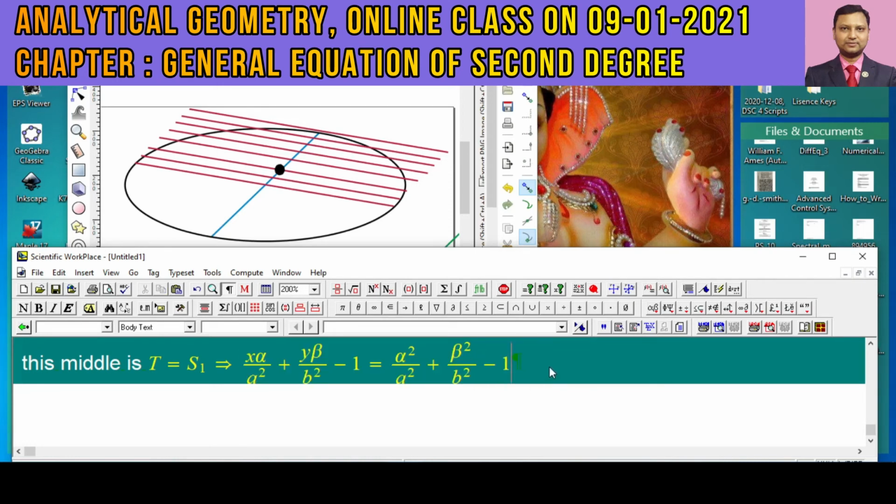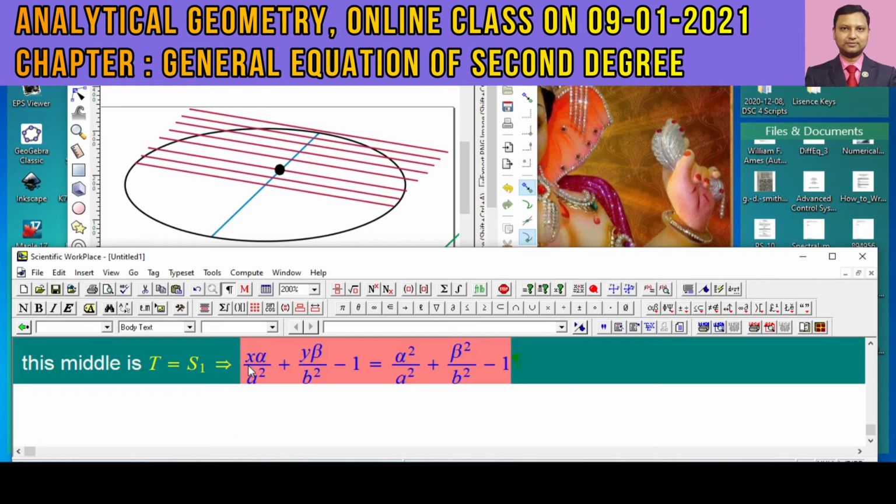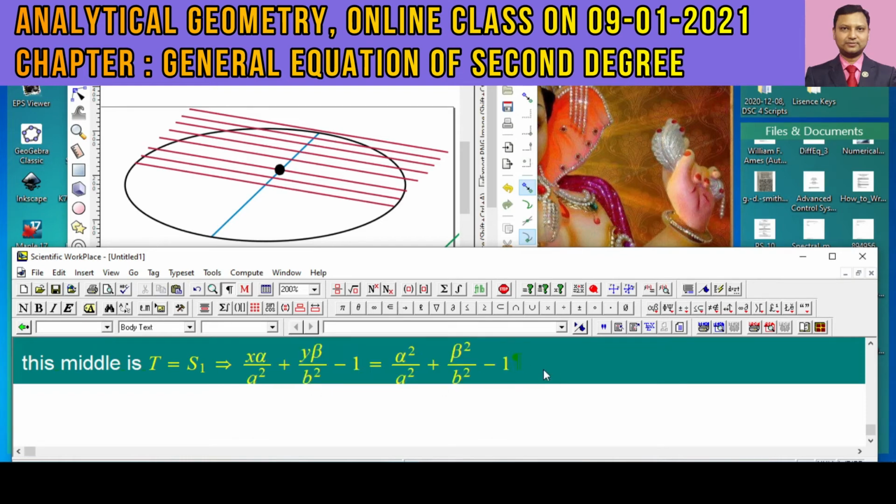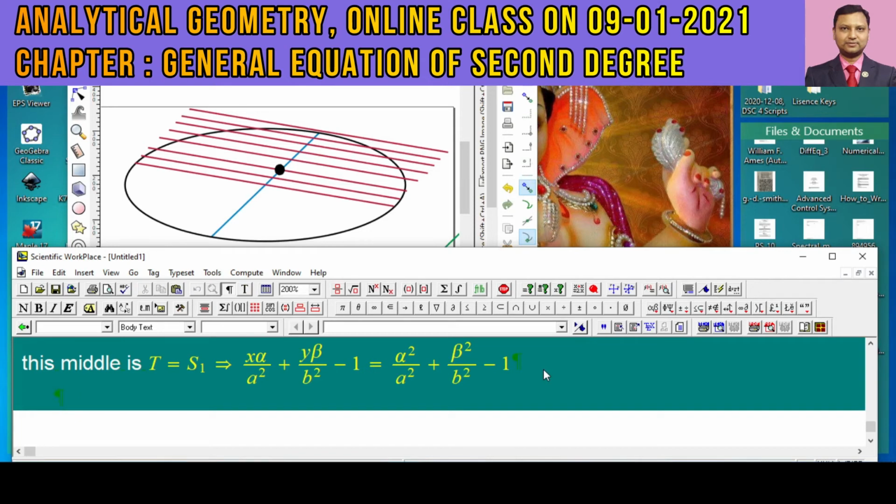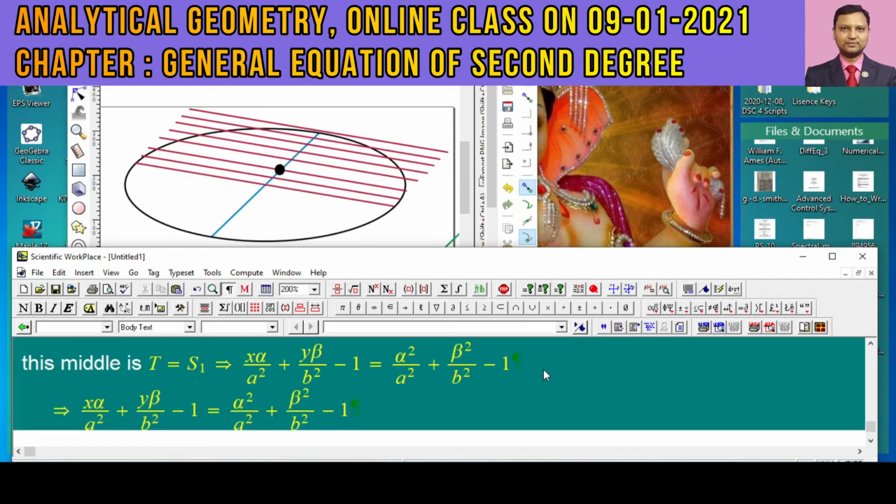And from this equation, if we further delete this minus 1 from both sides, this would be the equation of the chord with respect to the middle point. Got it? Equation of the chord with respect to the middle point.